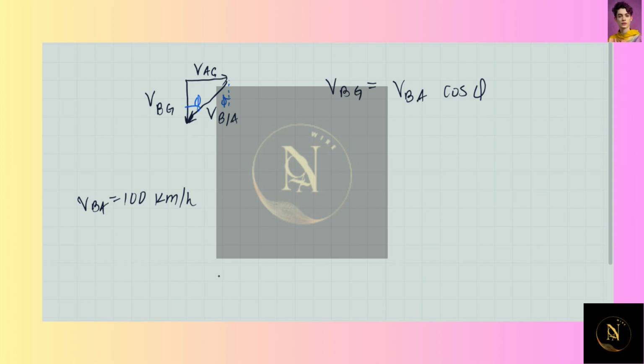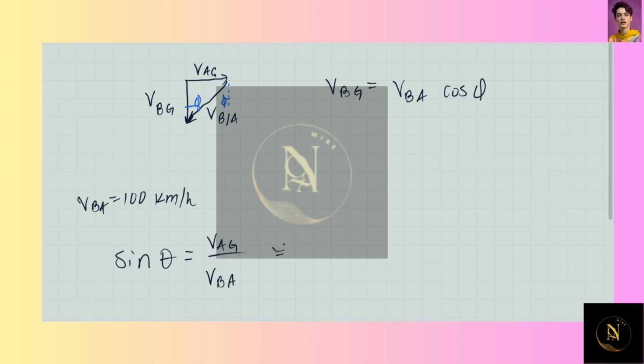So sine of theta is equal to the velocity of the air relative to the ground over the velocity of the bird relative to the air.